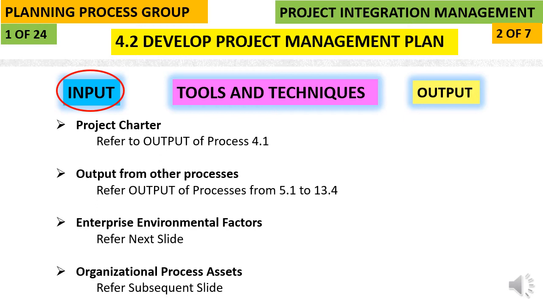As I had mentioned earlier, the project management plan is a dynamic artifact. So during the project life cycle, this artifact keeps changing or being updated. So we need to take many outputs from other processes also during the revisions and changes. So that's the reason this is one of the major inputs for developing the project management plan.